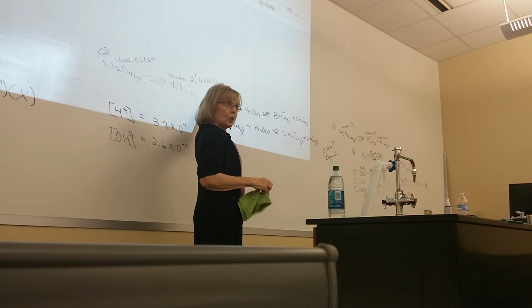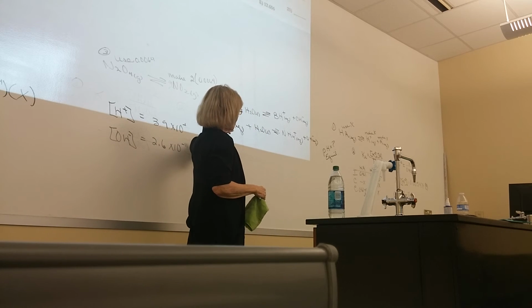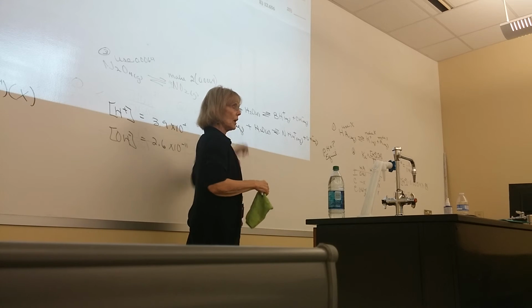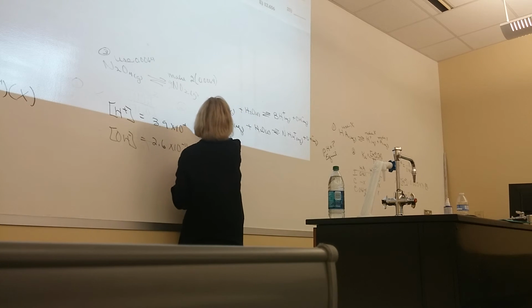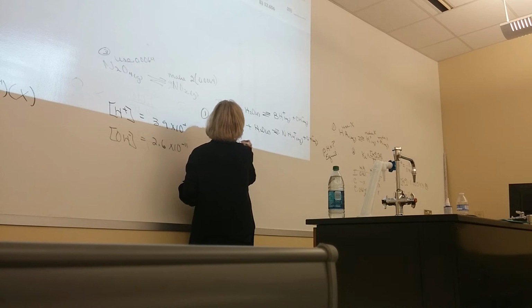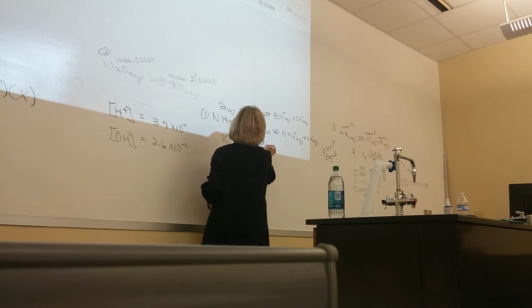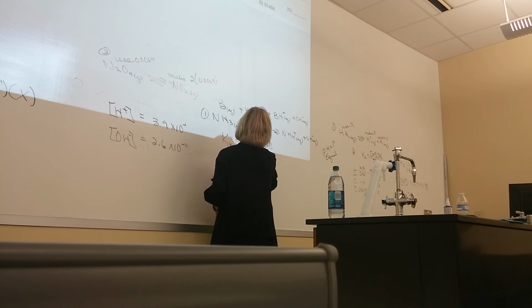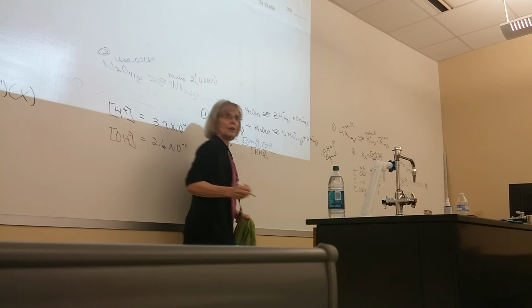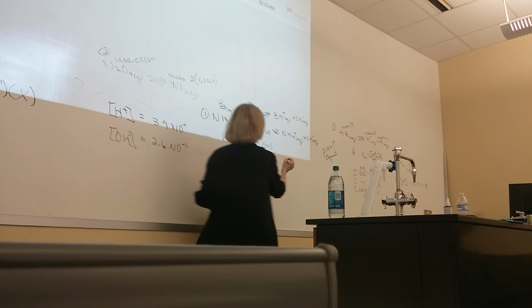This is the general case, but because we work with ammonia so many times, I usually just write out the whole thing. So here's my step 1, I need the equation. Step 2.